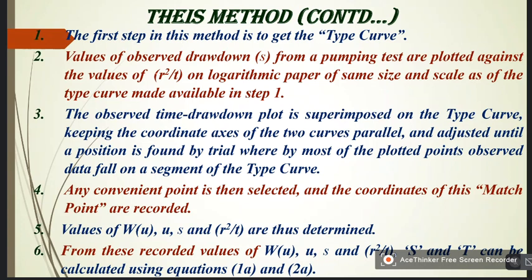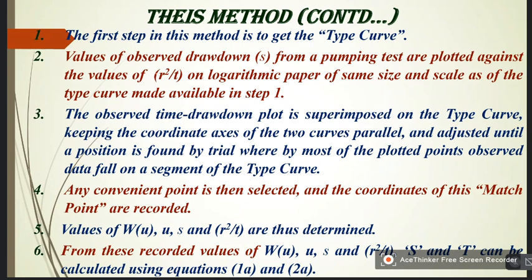Then what you do is, the observed time drawdown plot is superimposed on the type curve. So you put your type curve over and above your data plot, keeping the coordinate axes of the two curves parallel.